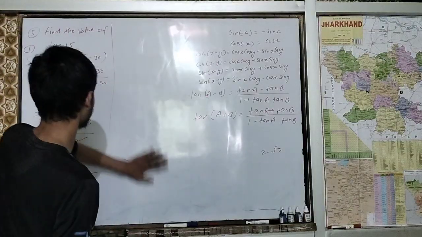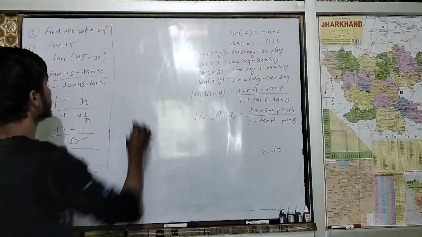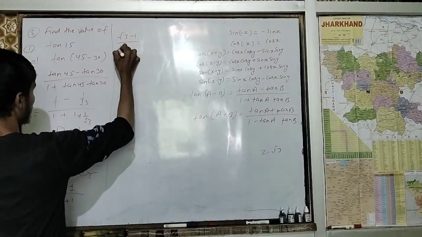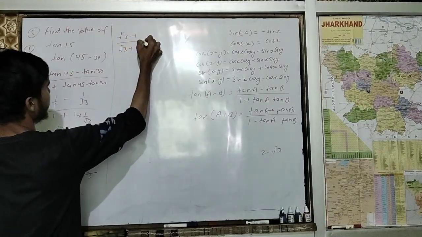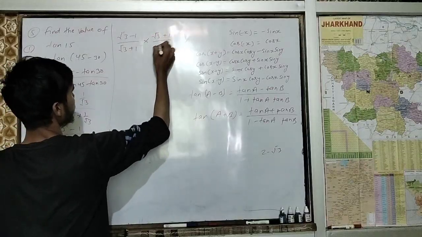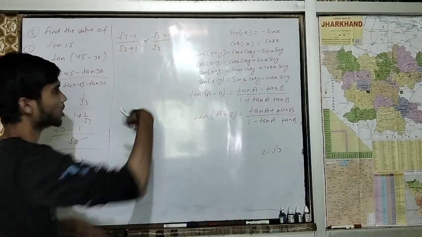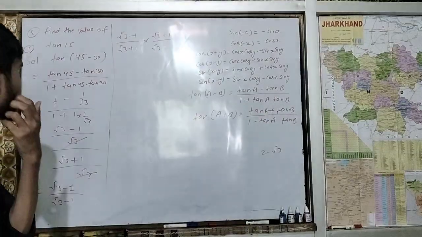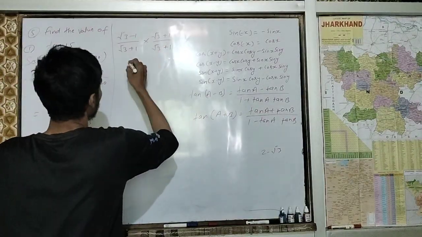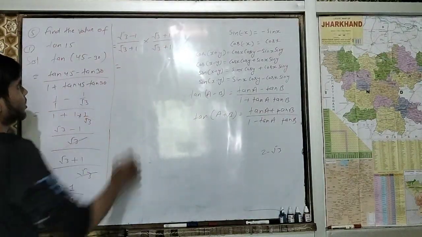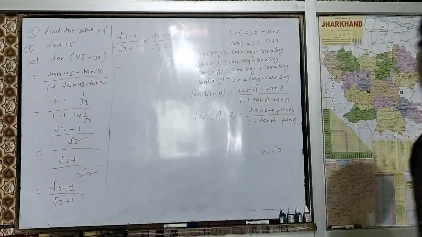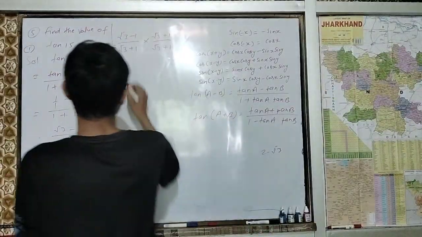Okay. This part is done. It is root 3 minus 1 upon root 3 plus 1 multiplied by root 3 plus 1 upon root 3 plus 1. The operator will convert itself into its opposite. Here it is nothing but a plus b, a minus b, which will give you a square minus b square.